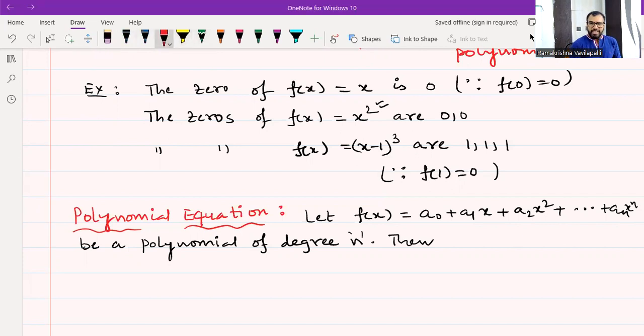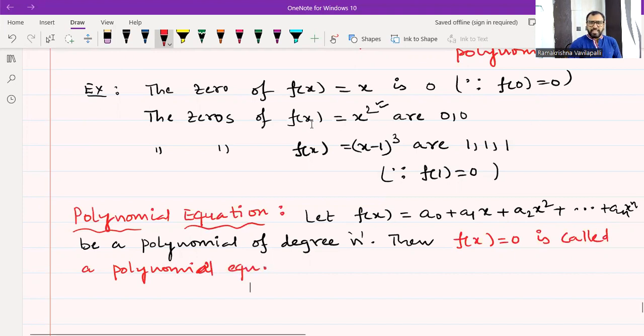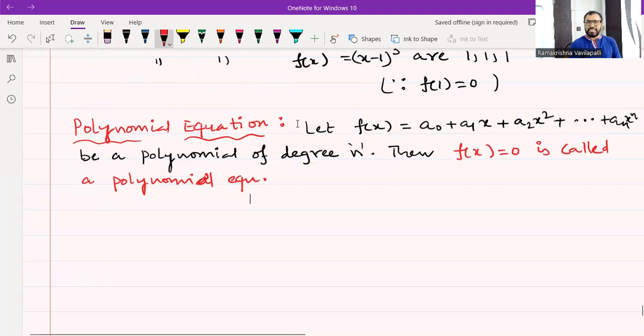Then f of x equal to 0 is called a polynomial equation. We know clearly that when an expression equals 0, it is called an equation. So if a polynomial expression equals 0, then it is a polynomial equation.